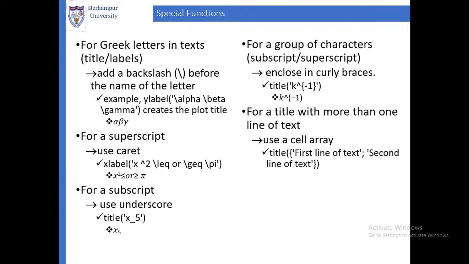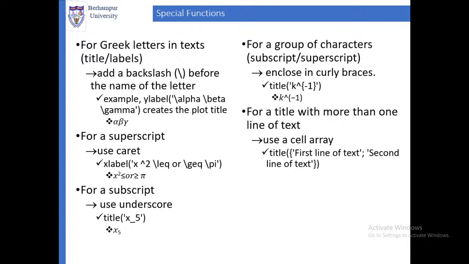For example, ylabel within brackets, start quote mark, then backslash alpha, backslash beta, backslash gamma, quote mark ends. So this will create the label alpha, beta, gamma.